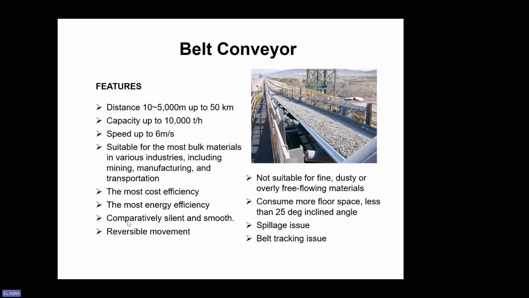And comparatively, it is silent and smooth, so noise is lower compared to other conveyors. And also it can have reversible movement. But a belt conveyor is not suitable for fine, dusty, or overly free-flowing materials.